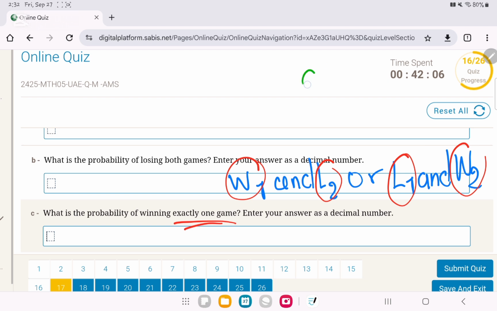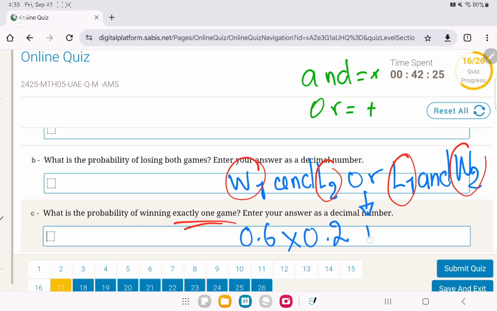Now, again, and means times, or means plus. So, the probability of winning the first game is 0.6 times the probability of losing the second game, which is 0.2, or means plus. Losing the first game is 0.4 and winning the second is 0.8. Now you see, if you have the graph in front of you, please draw it, okay? It's gonna be very simple, very easy.